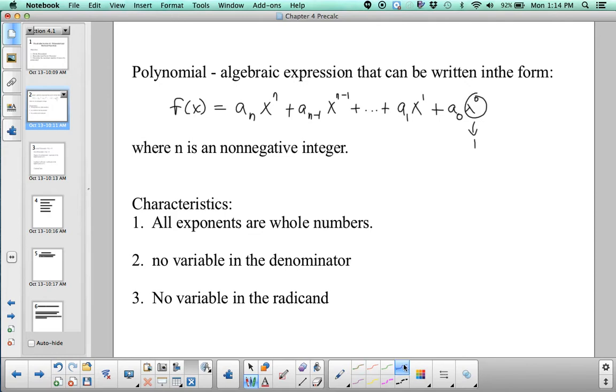That looks a lot more complicated than what it is. Really, it's just saying that the powers of x are going down by 1.